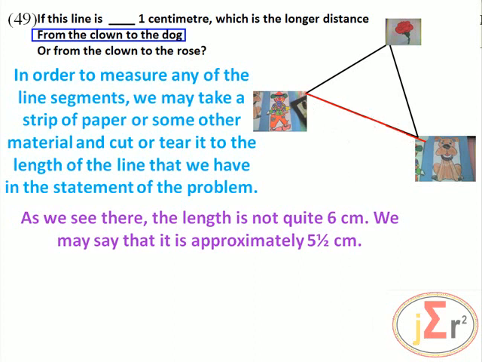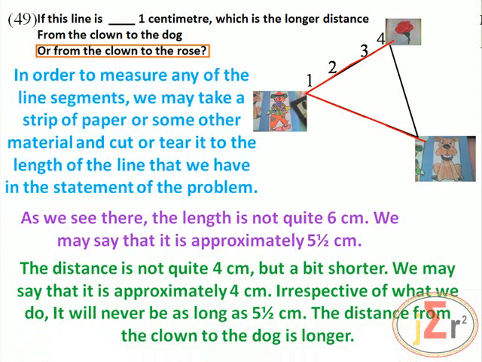And we will take the same strip and measure the other one. So from the clown to the rose. So we'll take our strip and we put it along the line and we measure the line with the strip. 1, 2, 3, 4. It's a little over 4.